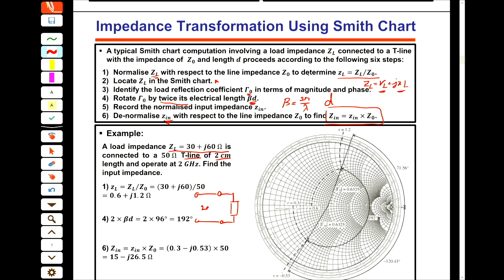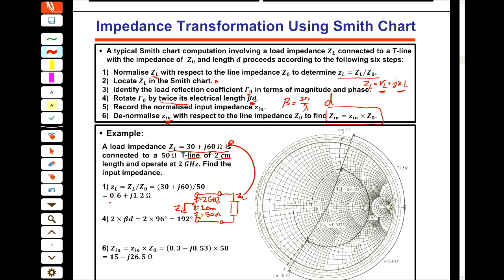This transmission line is 2 centimeters and 50 ohm, and ZL equals this value, and I want to see what Z in is. The frequency is 2 gigahertz, and the line has characteristic impedance Z naught.